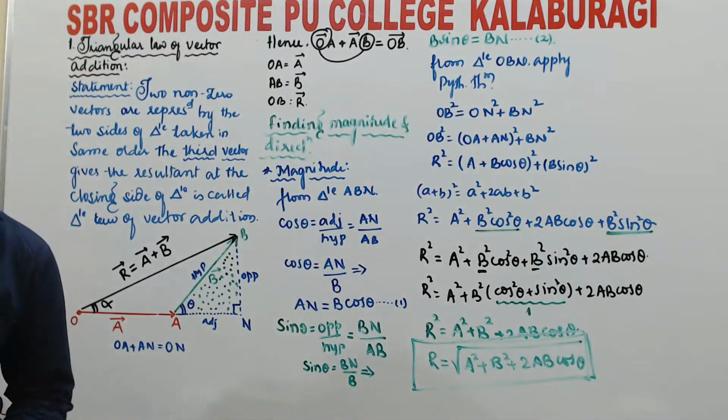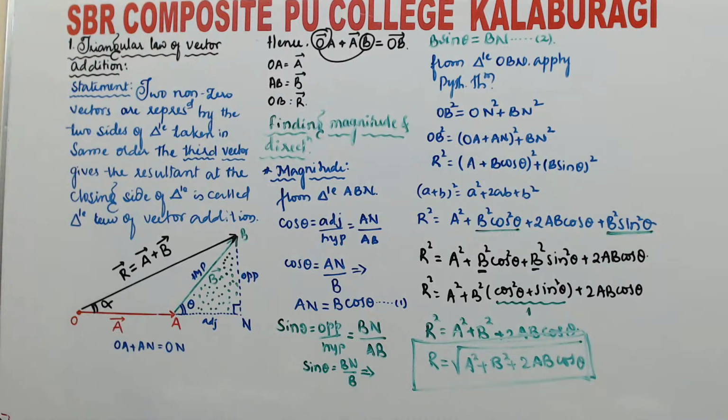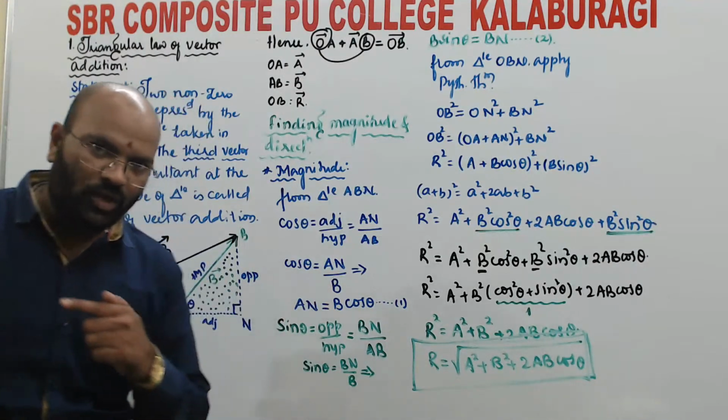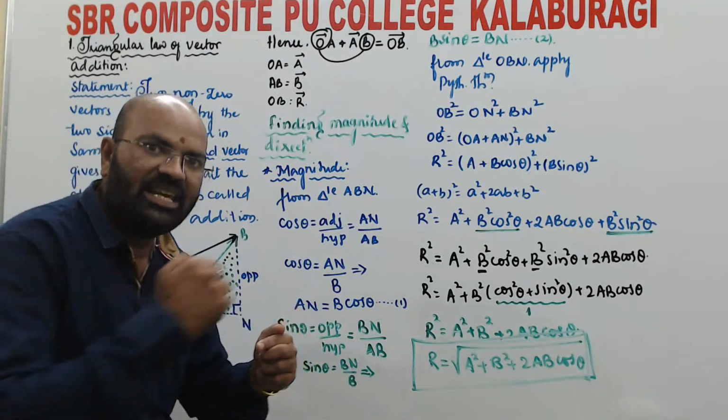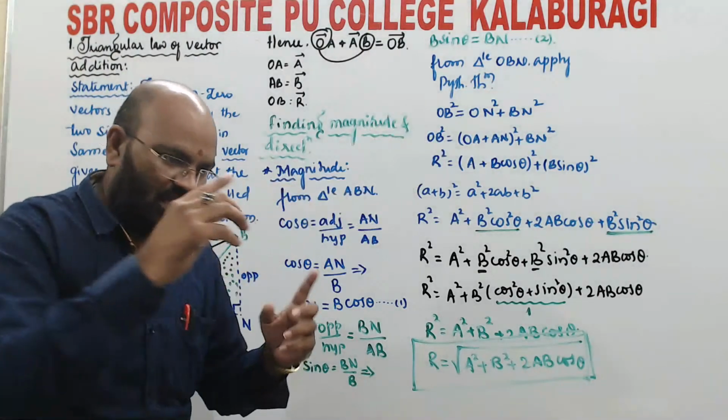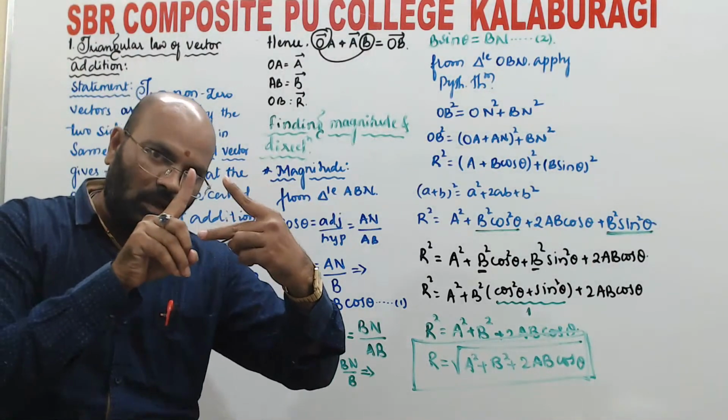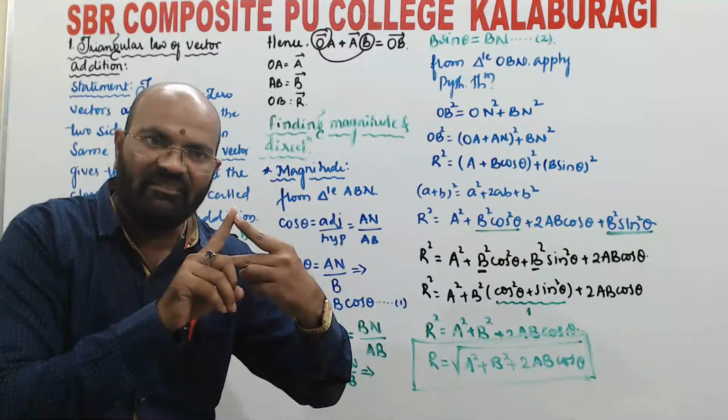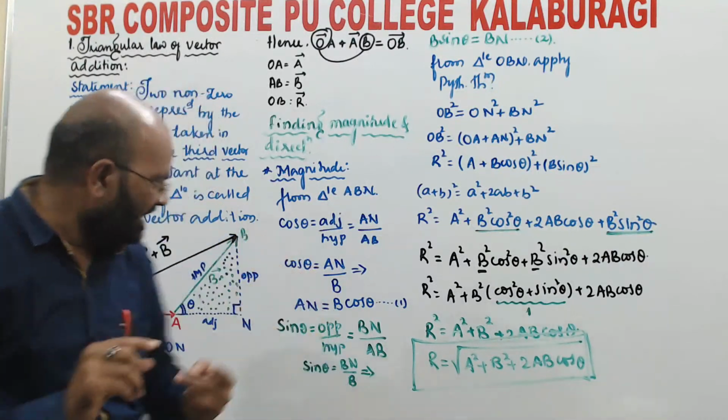Then next, finding the direction. Here we consider two vectors. One vector is taken in one direction, another is taken in the same direction. The third vector is formed as a closing side. That closing side gives you the resultant.